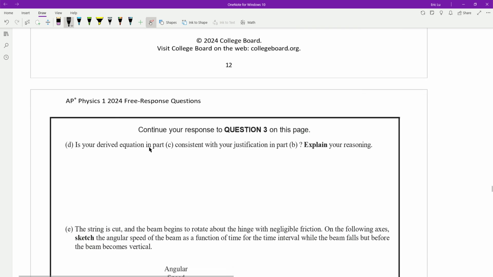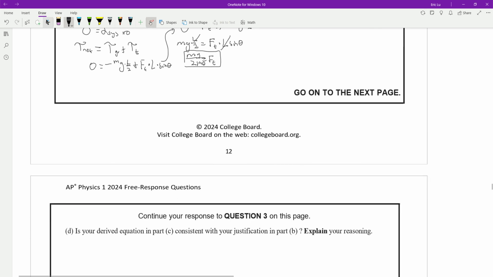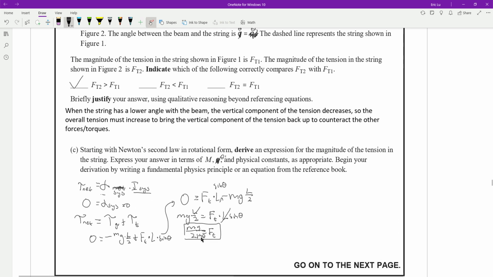And is your derived equation consistent? Yes, because as theta decreases, sine theta decreases as well, which ultimately results in the force of the tension increasing.